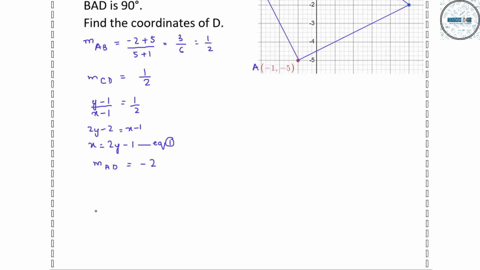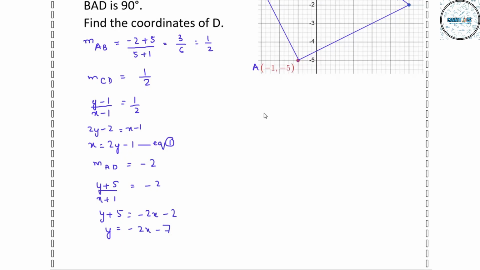Now we will take out gradient of AD using coordinates: y plus 5 upon x plus 1 is equal to minus 2. We'll do cross multiplication. y plus 5 is equal to minus 2x minus 2. So y is equal to minus 2x minus 7.